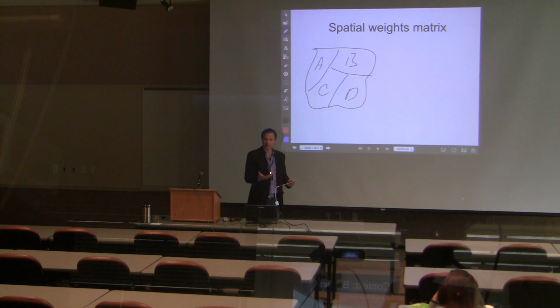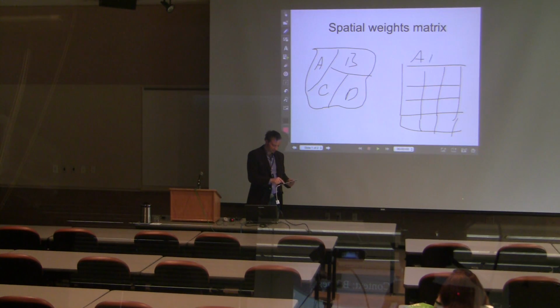This information is then stored in a spatial weights matrix that records spatial relationships. For example, whether objects or entities A and B are related. In this case, you would encode it as a 1.